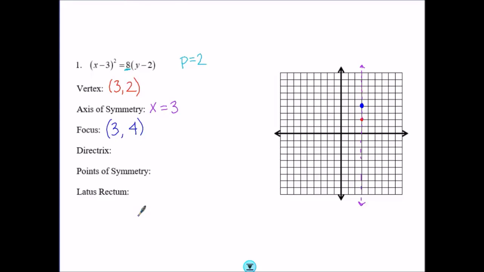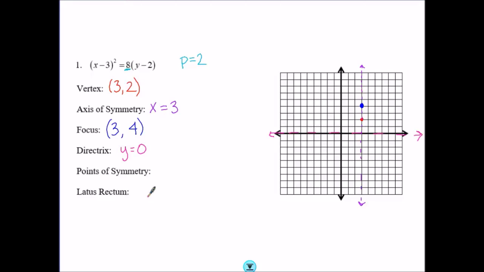Then we also know that the directrix is p units from the vertex. So our directrix is going to be 2 units below the vertex, which would be here at y equals 0.